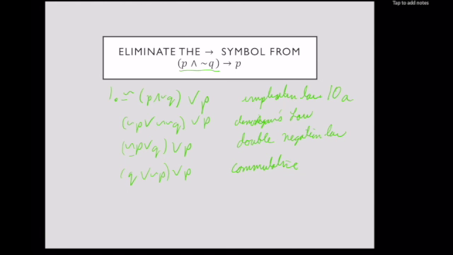So I've got Q or not P or P. Not P or P, that's equivalent to a tautology. That's one of the identity laws, I believe. That gives me Q or T. Well, Q or T from our logical equivalences is equivalent to T. So our statement up here is logically equivalent to a tautology.